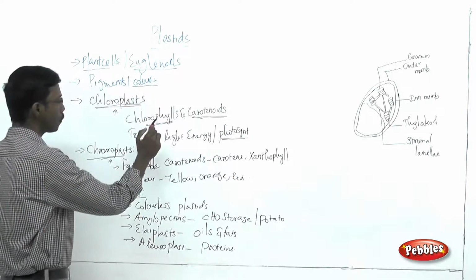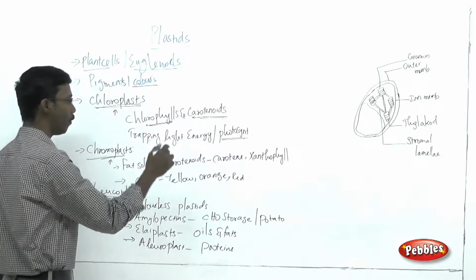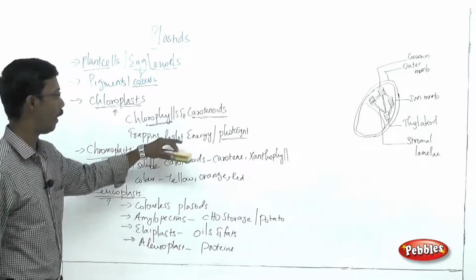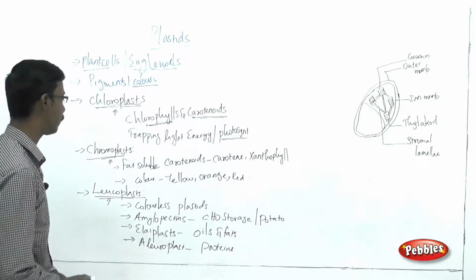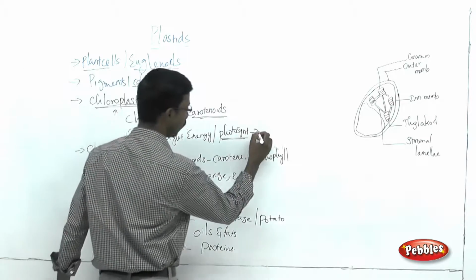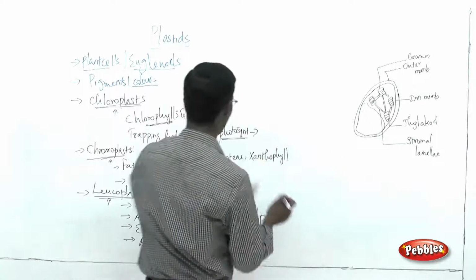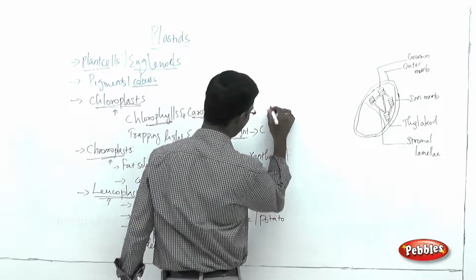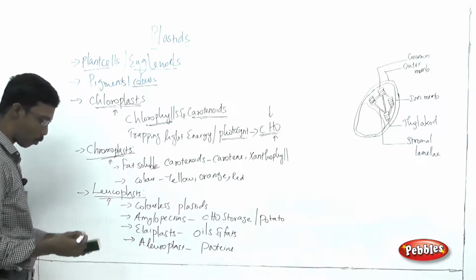So the chloroplast possessing the chlorophylls and carotenoids, these pigments, have the power of trapping the light energy. They are involved in photosynthesis, and they form the storage molecules, the carbohydrates.